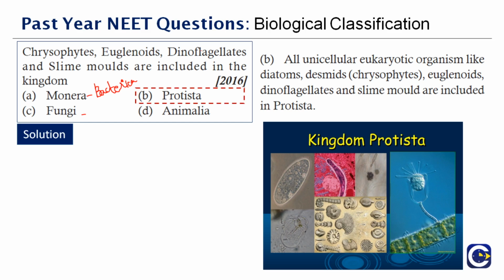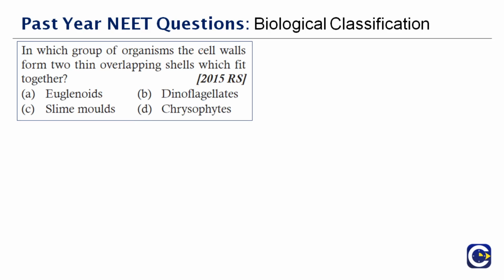Okay, next question here. In which group of organisms does the cell wall form 2 thin overlapping shells which fit together? You're given 4 options here, and we'll go option by option. What do you mean by euglenoids? How can you describe it?